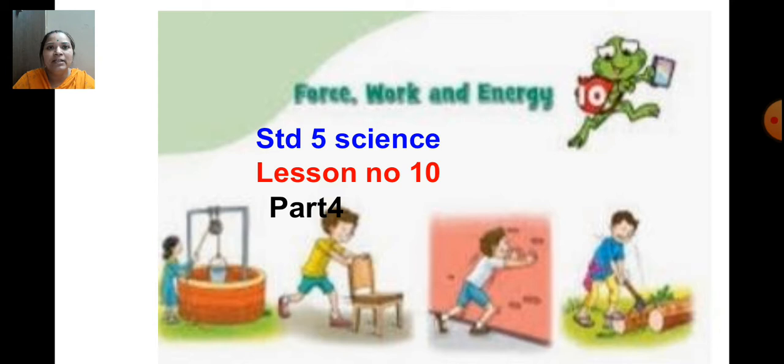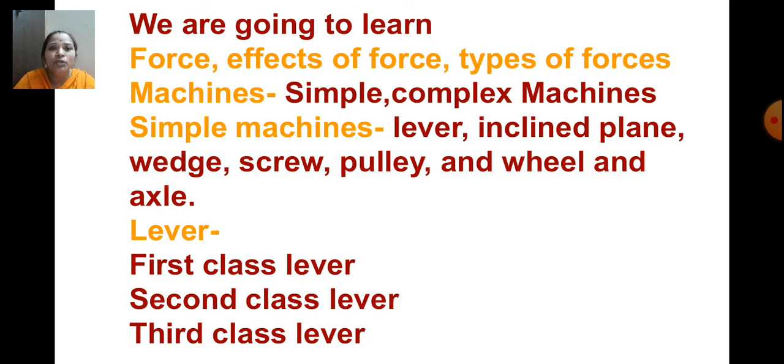Children, in this lesson till now we have studied about force. So, what is force, children? Right. A pull or a push that acts on an object is called force. We also studied about different types of forces like muscular force, gravitational force, frictional force, etc. We also studied about simple and complex machines.